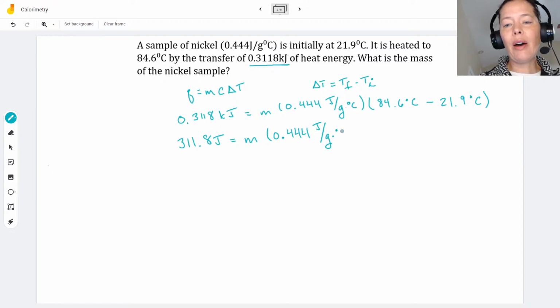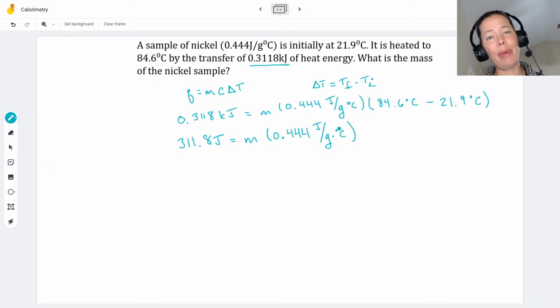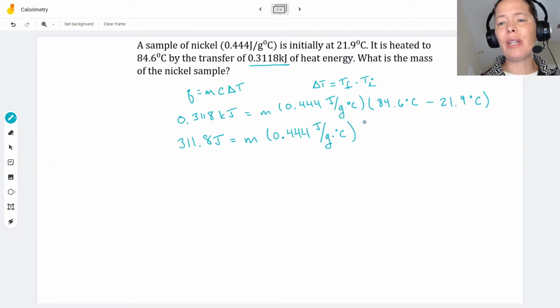I should point out that my degrees Celsius here is in the denominator of this unit. So it's joules over grams times degrees Celsius. It's sometimes just written a different way.